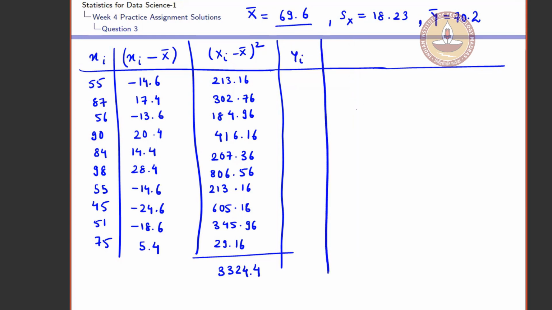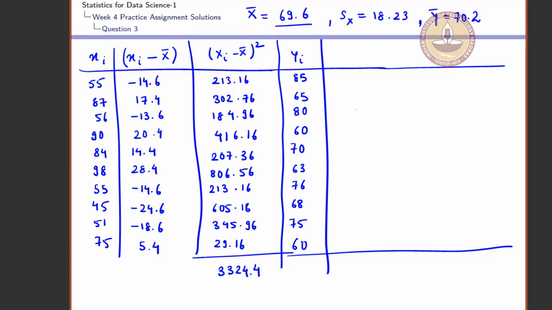So what was the mathematics exam score? So this is 85, 65, 80, this is 60, 70, 63, 76, 68, 75 and 60. Now we need to find the deviation of mathematics exam score from the mean of the mathematics exam score, average score in the mathematics exam score.